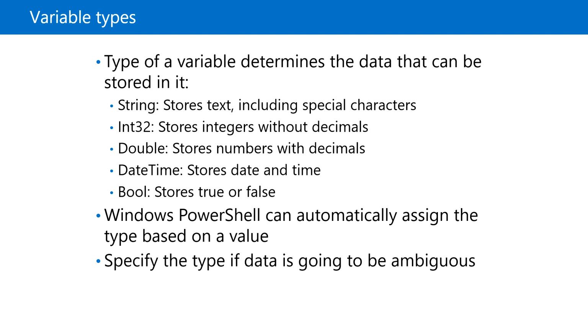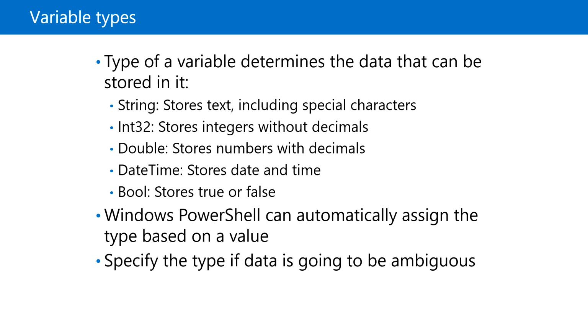For example, string stores text in the variable, including special characters; Int32 stores integers without decimals; double stores numbers with decimals; DateTime stores the date and time; and the boolean type stores true or false.